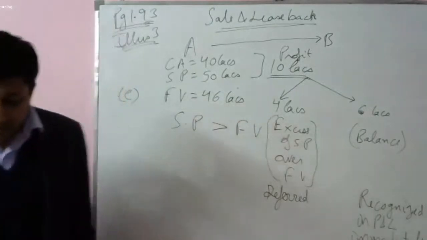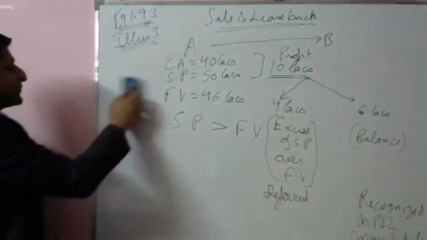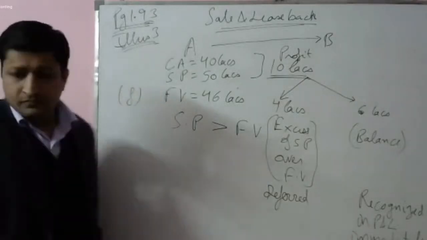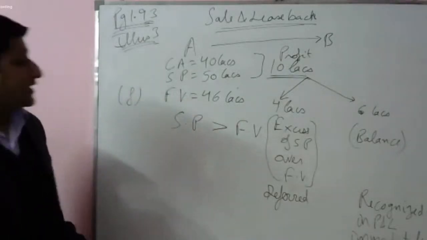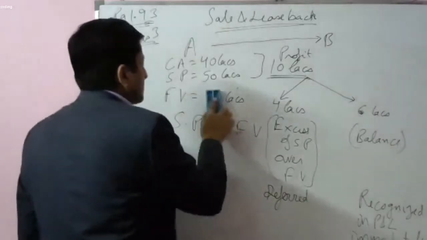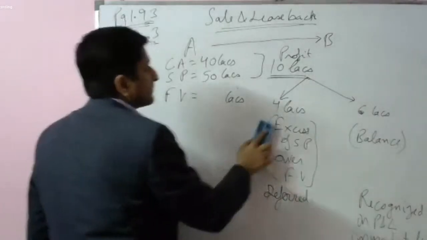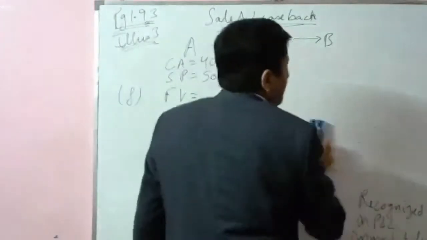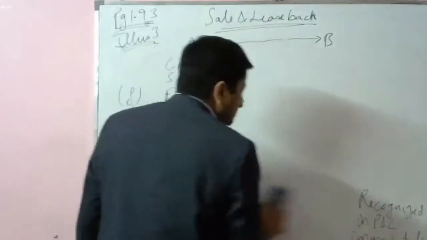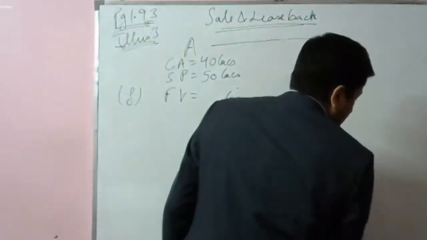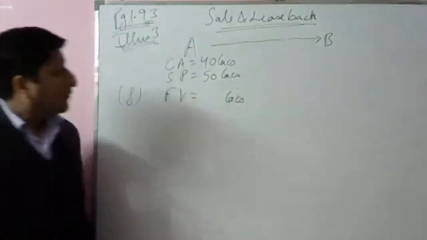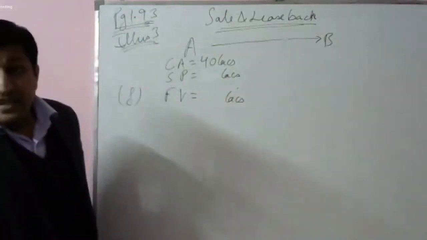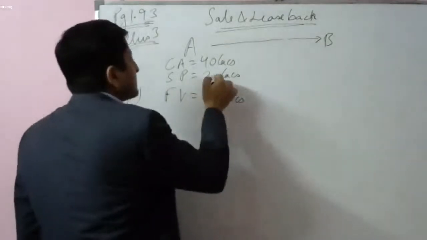Moving on to the next situation, F. Fair value is 35 lakhs and selling price is 39 lakhs.